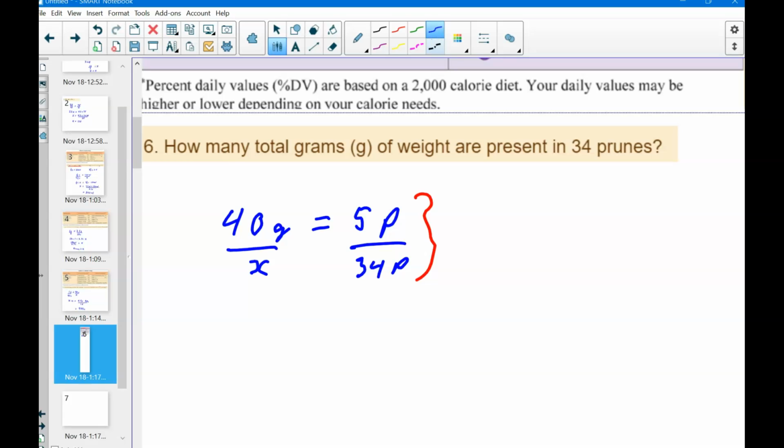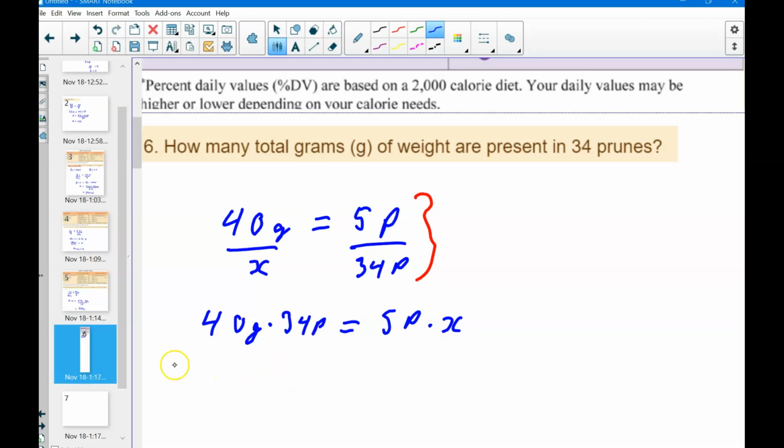So I have 40 grams times 34p, and that's equal to 5p times x.